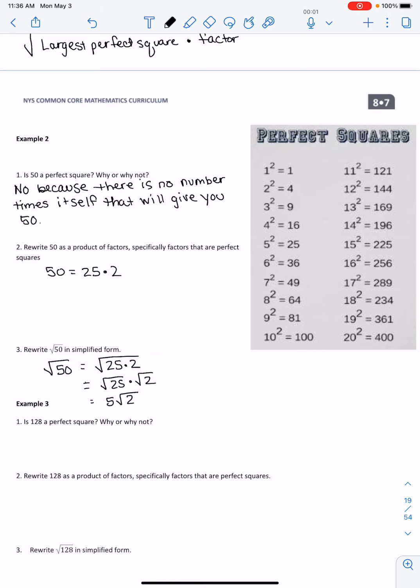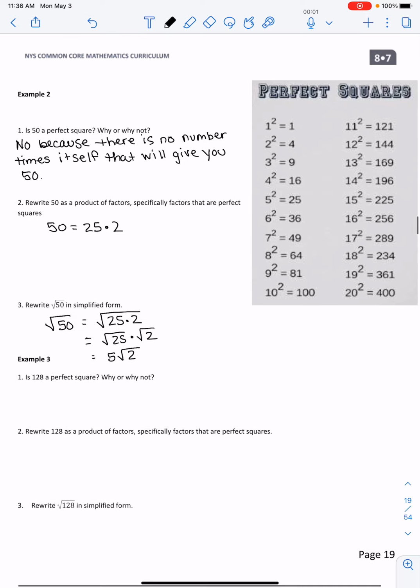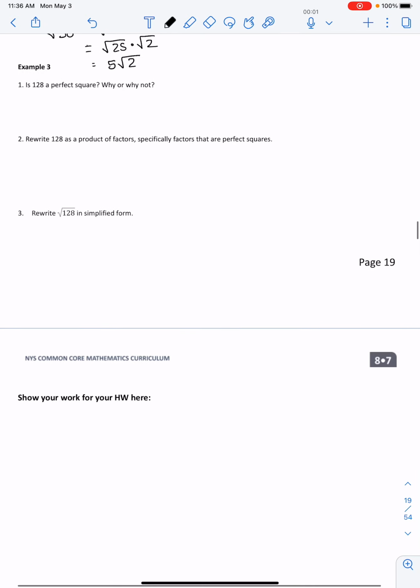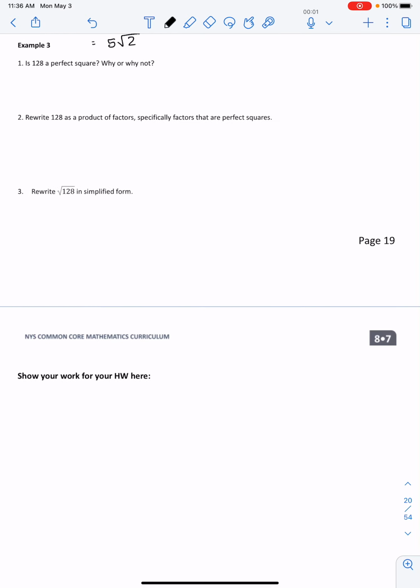Okay, so the next thing then is 128 a perfect square? Why or why not?